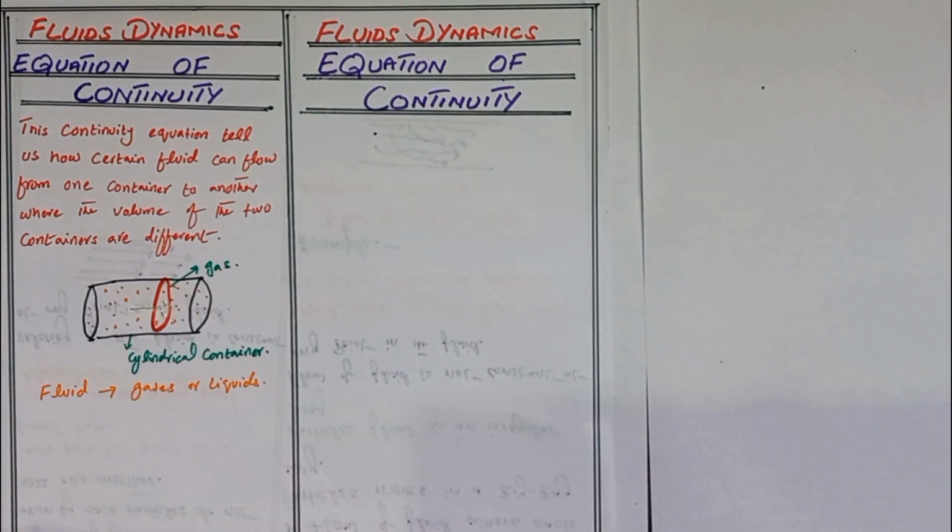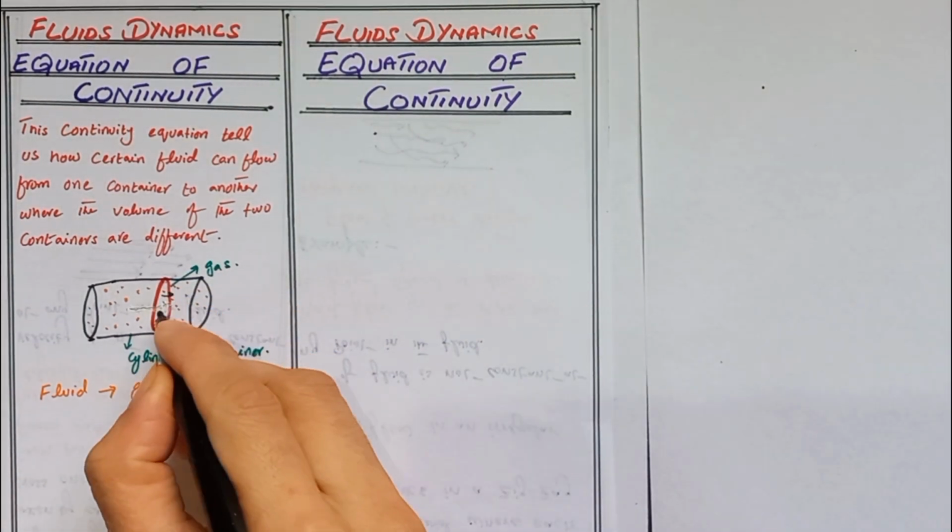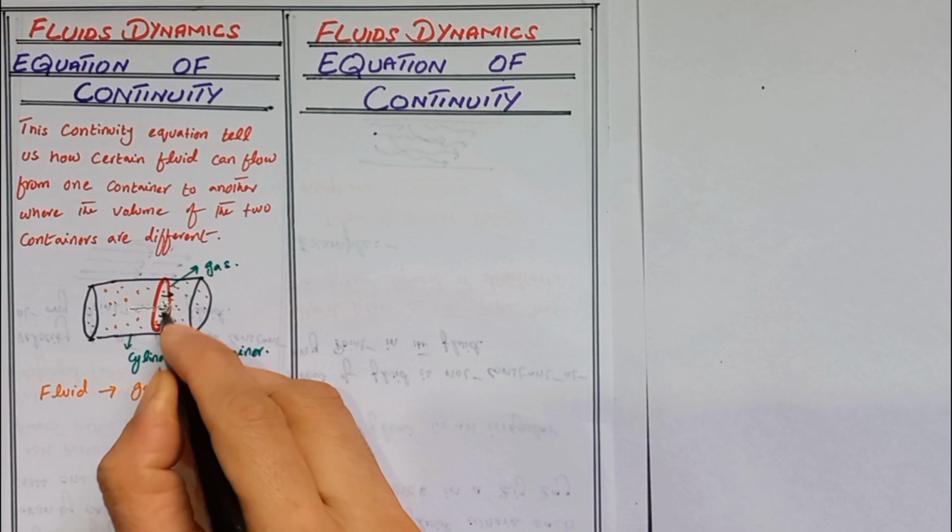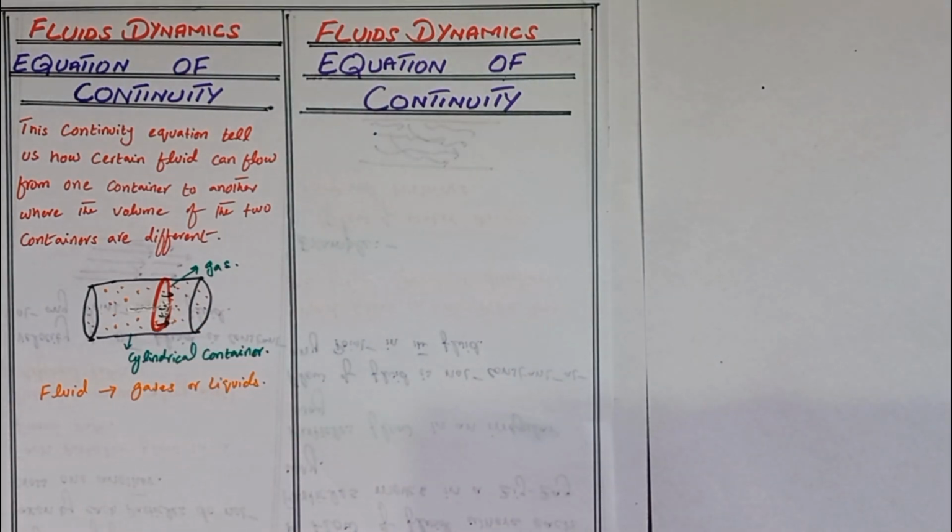In this cross section of the container, we measure the amount of gas passing through this cross section per unit time.